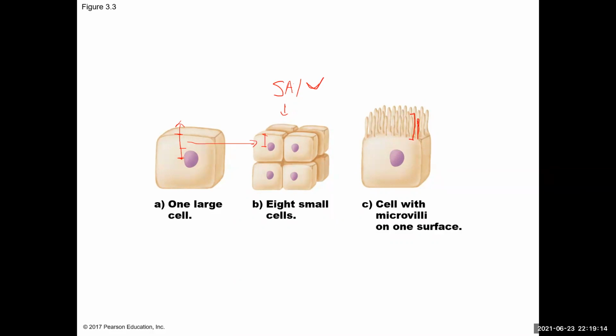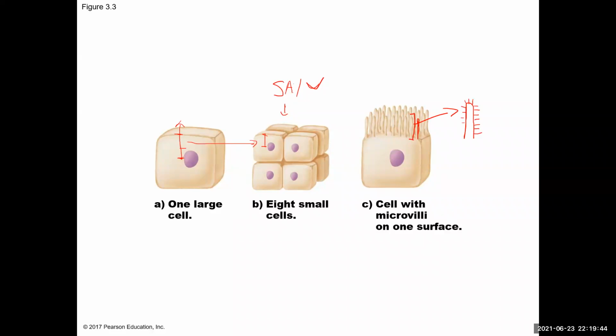And as a matter of fact, our digestive system has microvilli on the surface of the cells because it increases absorption. And what's really interesting is if you zoom into those finger-like projections, so let's say if we drew one, there's even more finger-like projections on that villi, right?